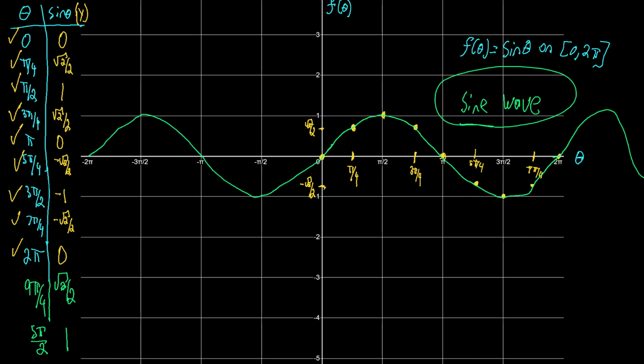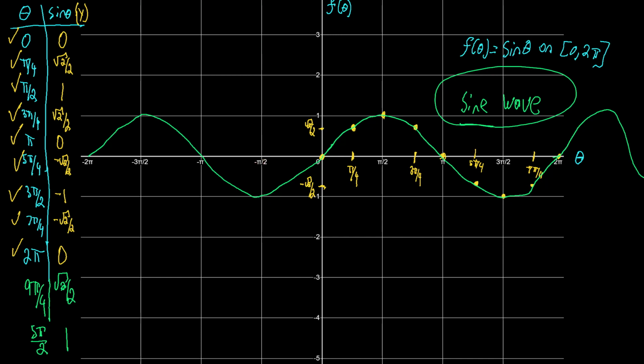Also, notice that you can choose any period of 2 pi. From right here, for example, from negative pi over 2 to 3 pi over 2, if you copied and pasted that forever, it would create the same shape in both directions. It'll join up seamlessly at either end, and it'll keep going that way forever and that way forever.